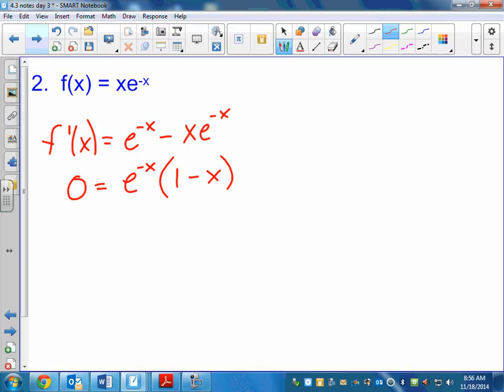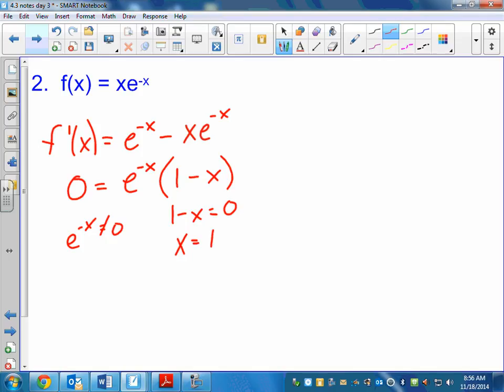Really super great when we're trying to find something equal to 0. This is never going to equal 0, so I can just disregard it. Then 1 minus x equals 0, so x equals 1 is my critical point.